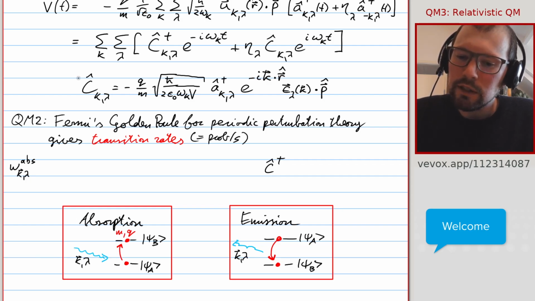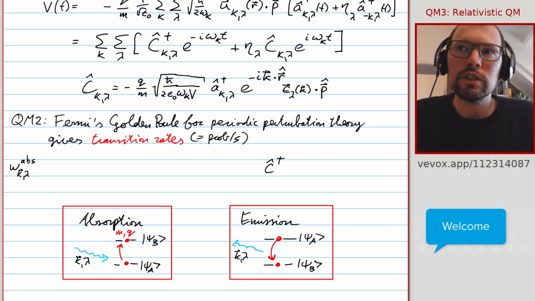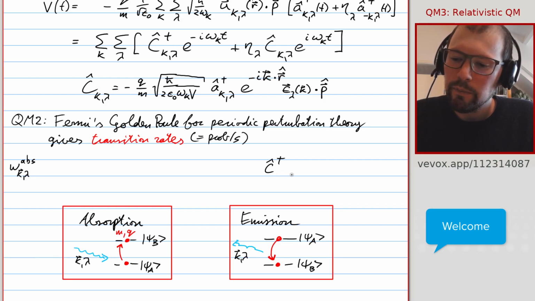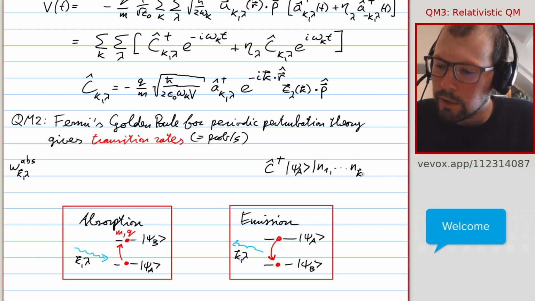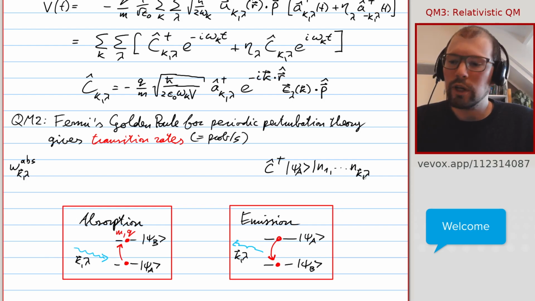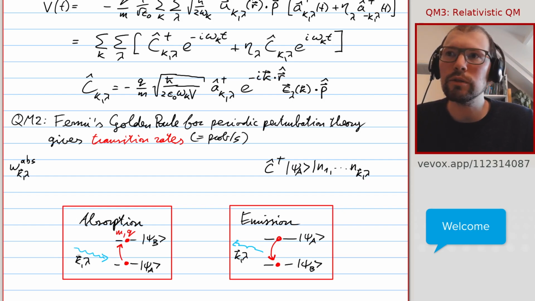So we have to look at this interaction where I have an A. That corresponds to the dagger of C. So suppose it acts on an initial state psi A and a photon state with a certain number n k lambda of photons in this particular wave mode.